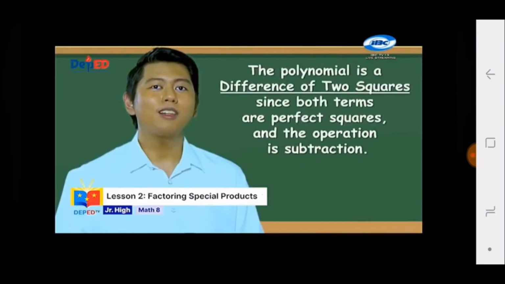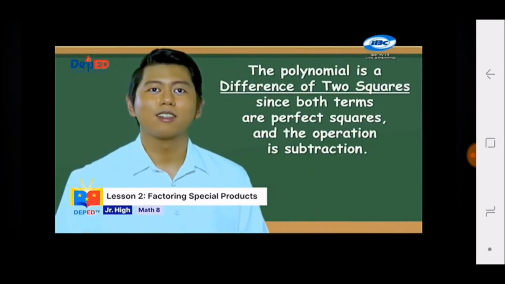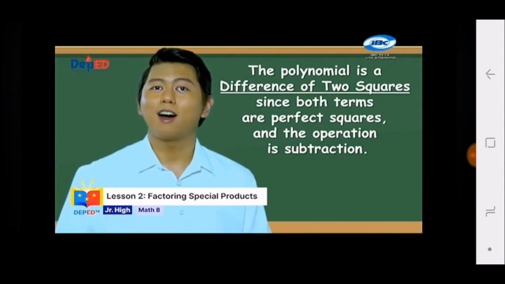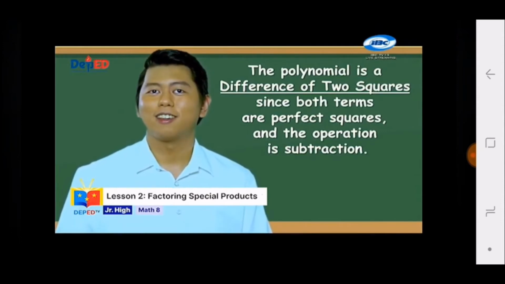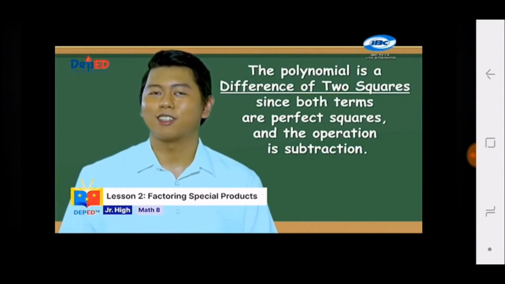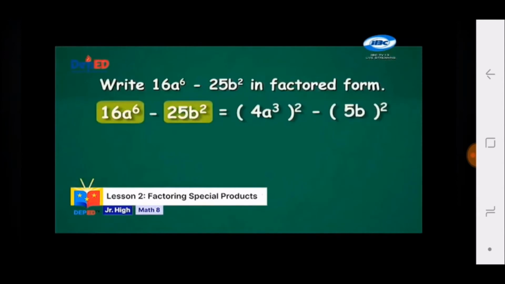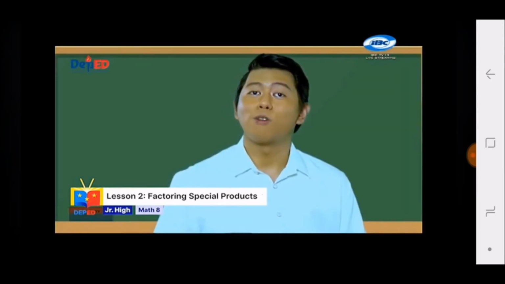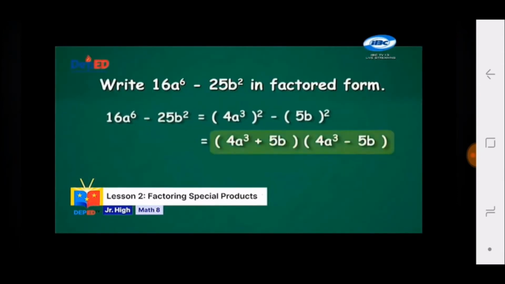The polynomial is a difference of two squares, since both terms are perfect squares, and the operation is subtraction. Hence, 16a raised to 6 minus 25b squared is equal to the quantity of 4a cubed plus 5b times the quantity of 4a cubed minus 5b.